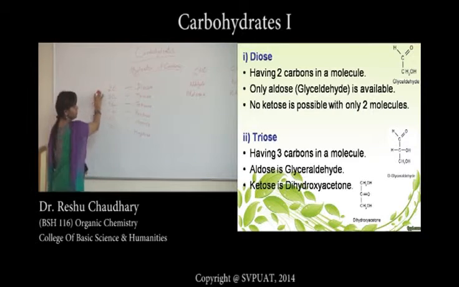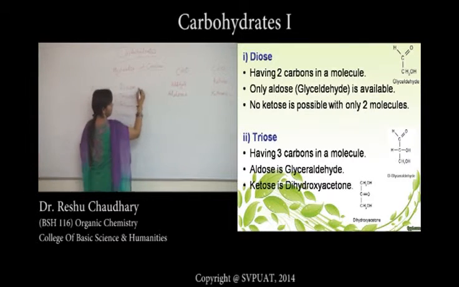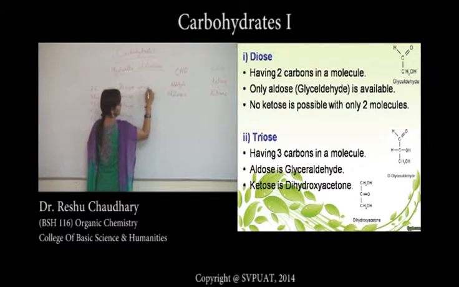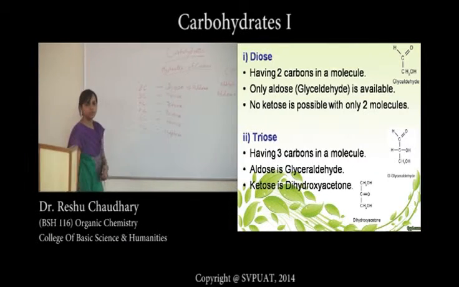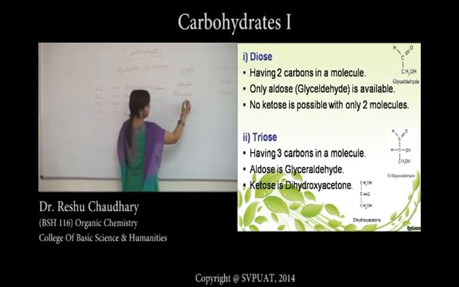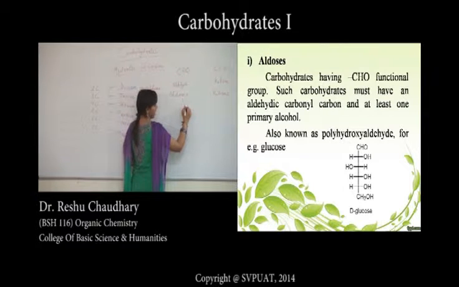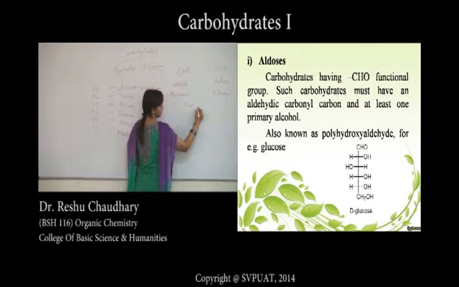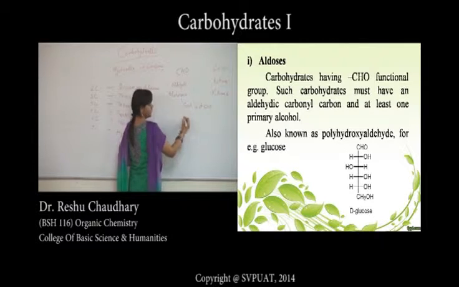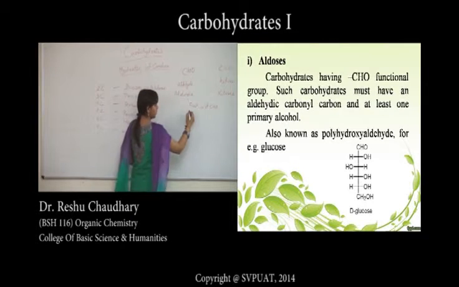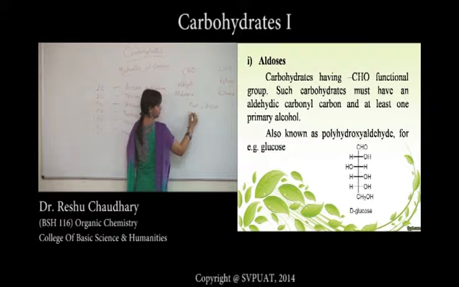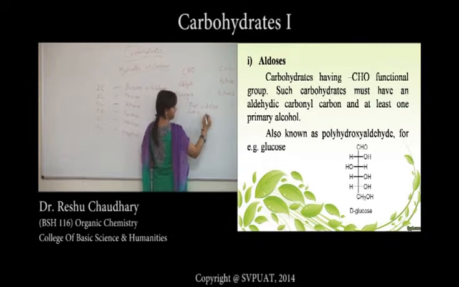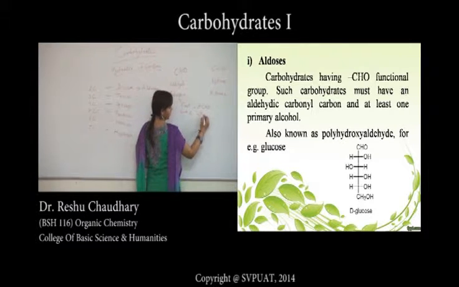If we come to diols, there is the possibility of only aldoses, no ketoses, because in aldoses the first carbon is the CHO aldehyde group and the last carbon is a primary alcohol.